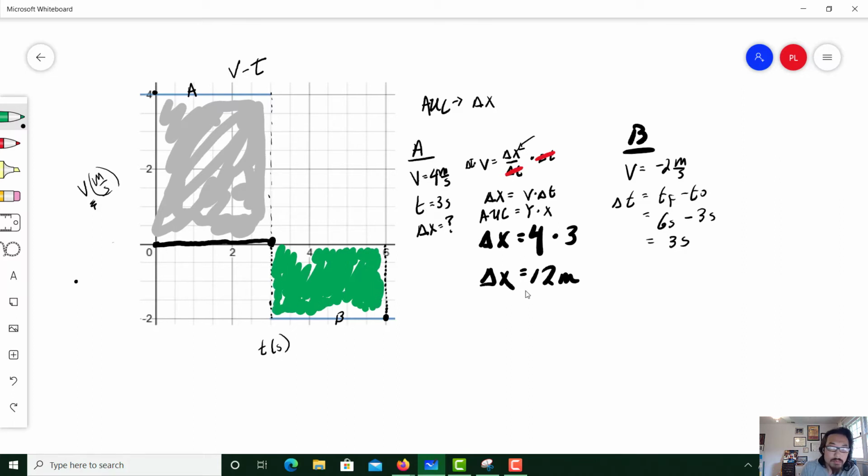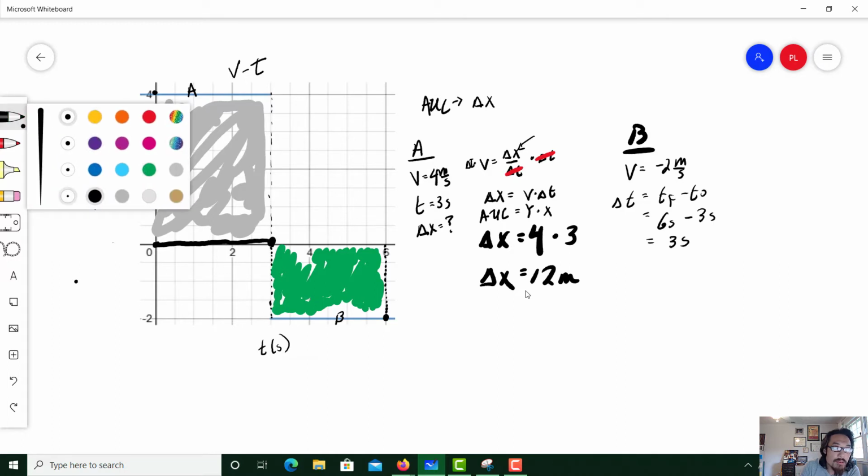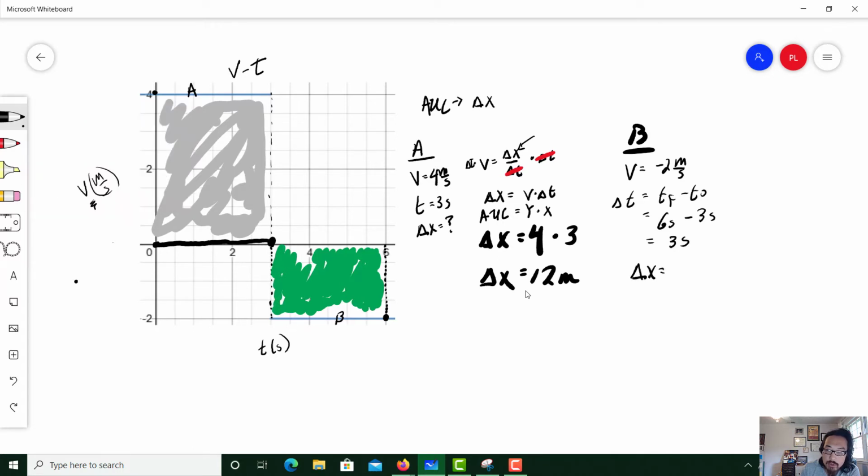All right. So if I were to ask you, find the displacement of trip B, we can say that displacement is equal to velocity times the change in time. And we know that the velocity was the y-axis, which is -2. And the change in time, we went from 3 seconds to 6 seconds.